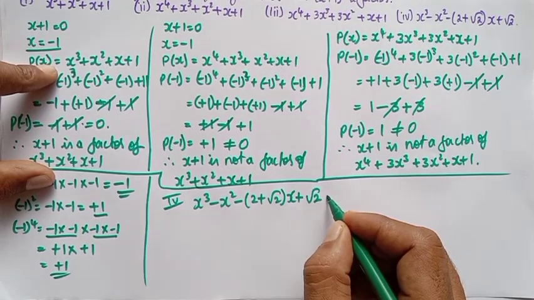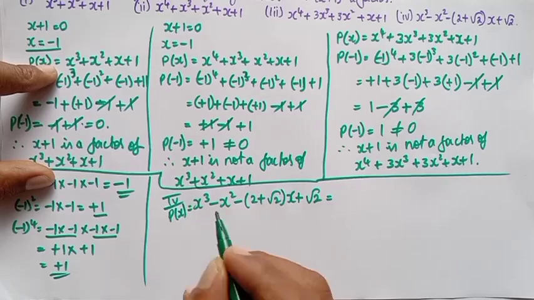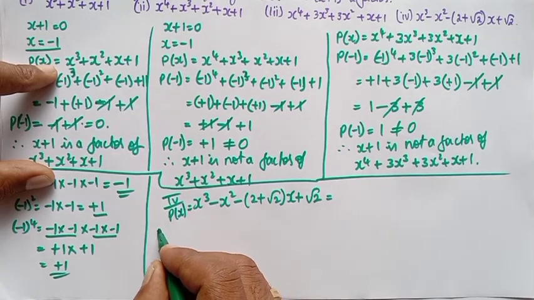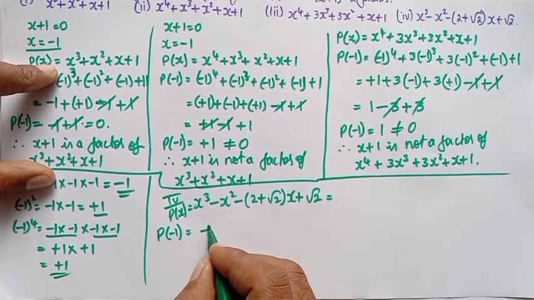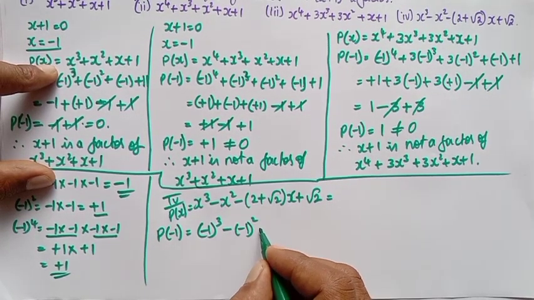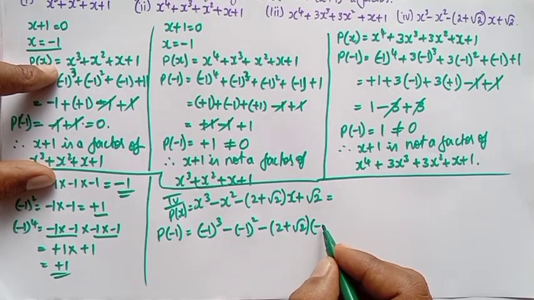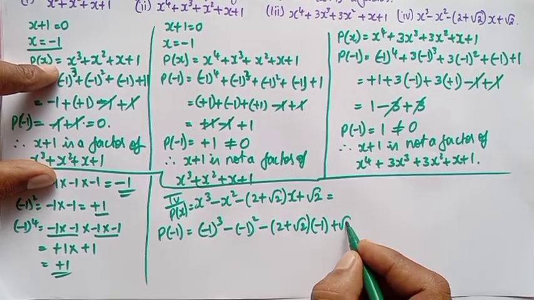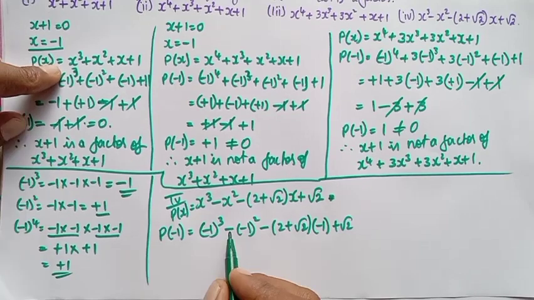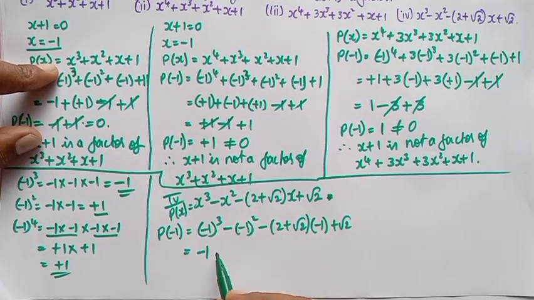Let this be equal to P of x. Let us take that P of minus 1 is equal to minus 1 whole cube minus of minus 1 whole square minus 2 plus root 2 into minus 1 plus root 2. Minus 1 whole cube, we already know that is equal to minus 1.